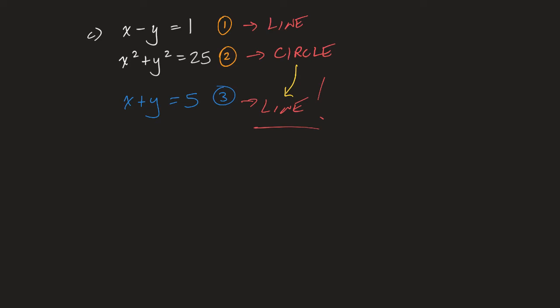Because that's what equation 3 is. There's my degree 1, y equals negative x plus 5. So clearly, doing what we did to equation 2 to get equation 3, that idea of taking the square root of every term, was an error.